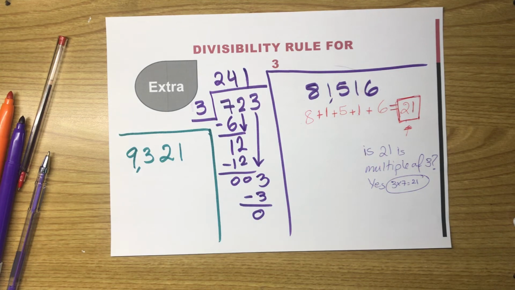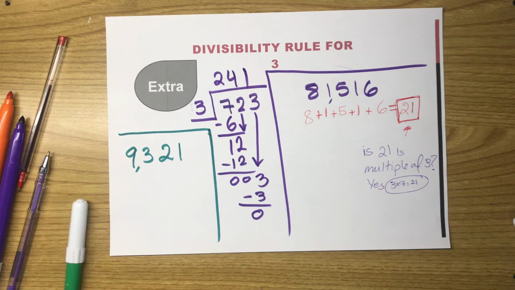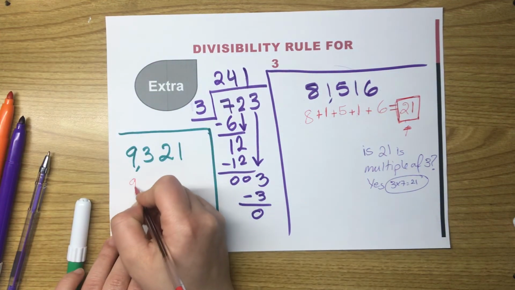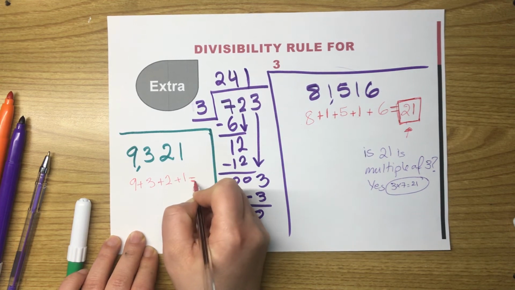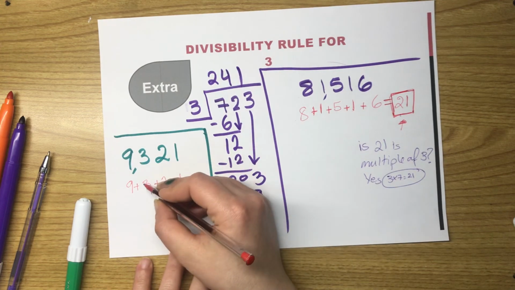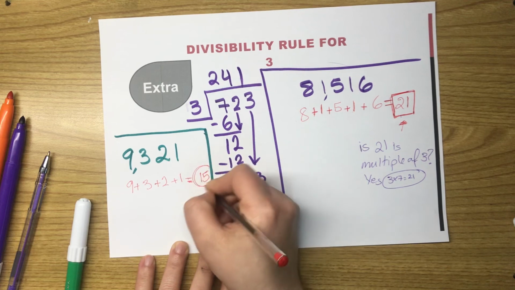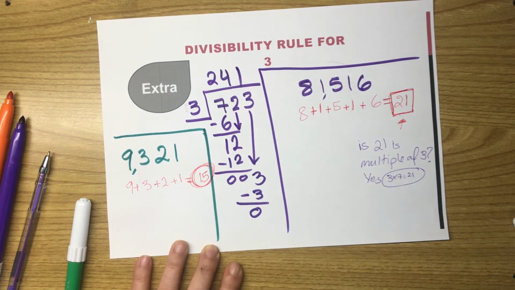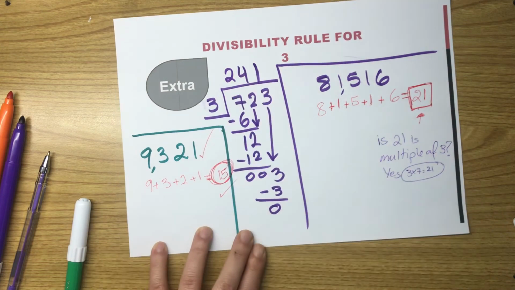Is it divisible by 3? Add 9 plus 3 plus 2 plus 1. 3 plus 3, 6, plus 9, 15. Is 15 a multiple of 3? Yes. Then this number is divisible by 3.